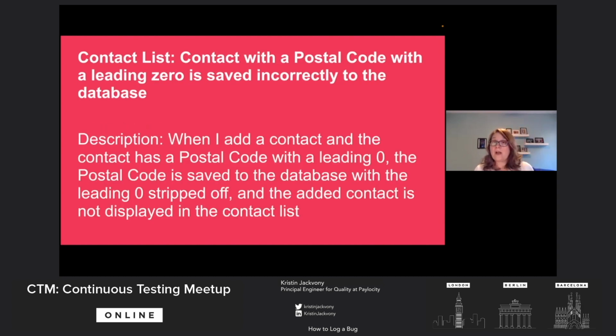When I add a contact and the contact has a postal code with a leading 0, the postal code is saved to the database with the leading 0 stripped off, and the added contact is not displayed in the contact list. So we actually sort of have two Z's, two thens that happen here, because not only is the leading 0 stripped off when it's saved to the database, but also the added contact then won't display.